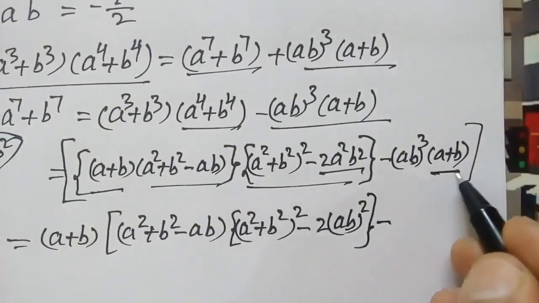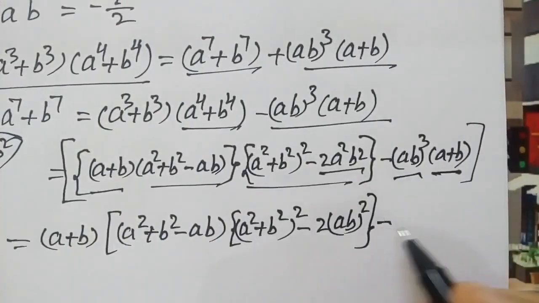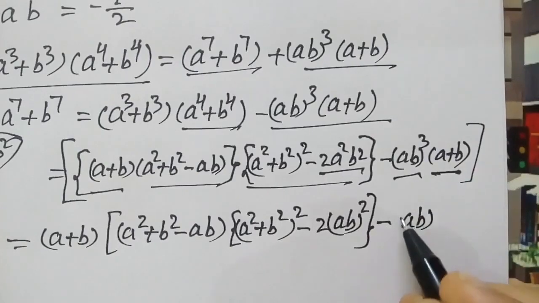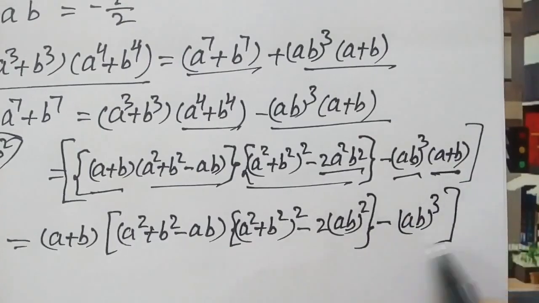Minus, now this is common, so we have only this (ab) cube.